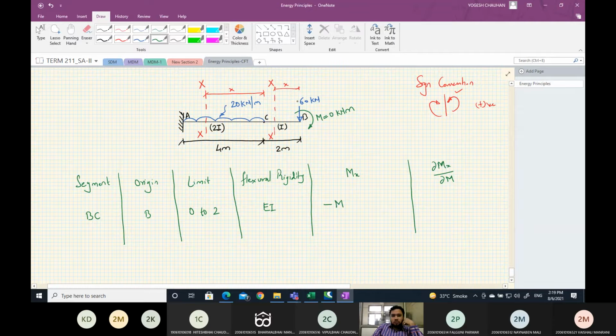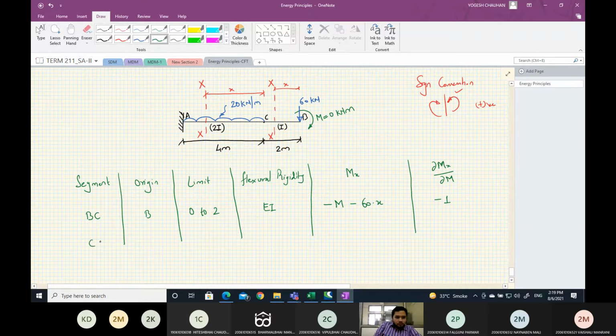Then minus 60 into x, and del Mx by del M will be equal to minus 1, because partial differentiation of the other term with respect to M will be 0.